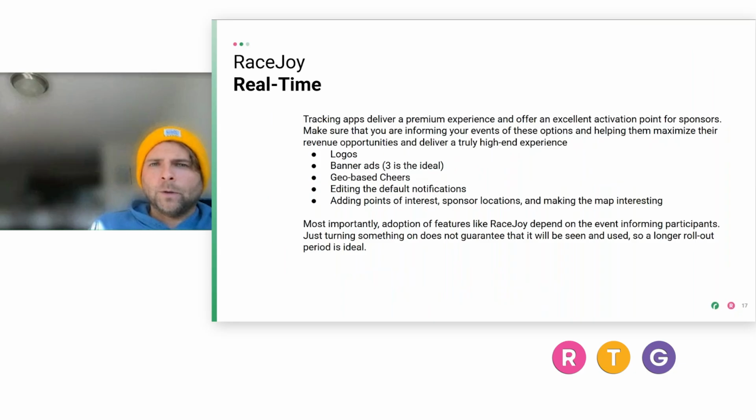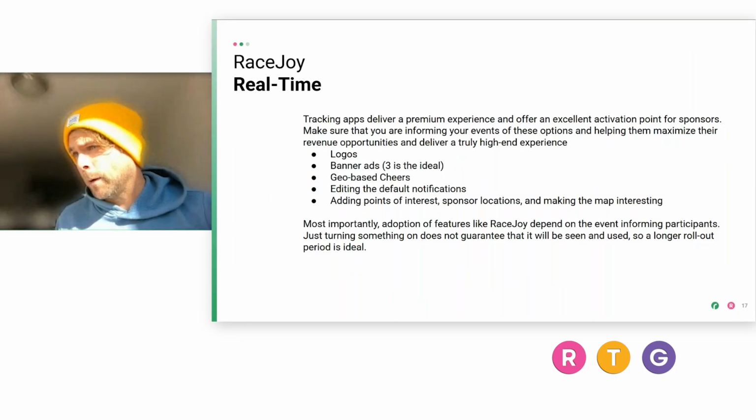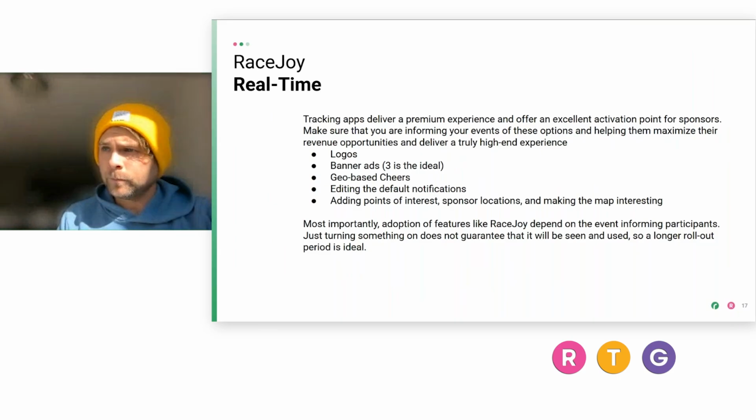Tracking apps are historically a really big part of the production, the lift, and the optics of marathons and half marathons. They deliver a really premium experience and also provide an activation point for sponsors. This is something that you as a timer are probably charging for offering.